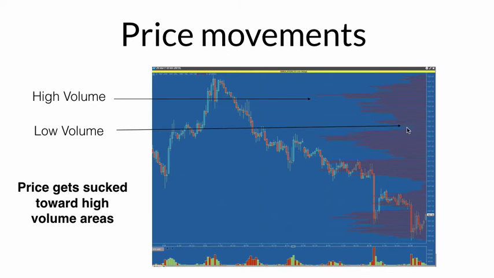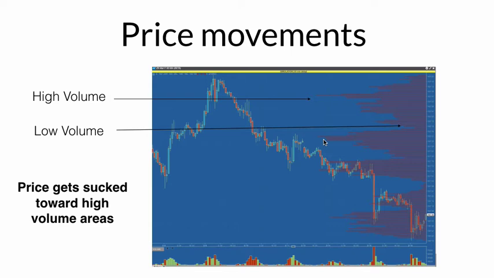And the way it works in trading is that for whatever reason, price always gets sucked back towards these high volume nodes. That makes sense, because if price has historically been somewhere and maybe there's a lot of entries and exits in that place, maybe people have their stop orders there, price always keeps coming back to where it's historically been before.